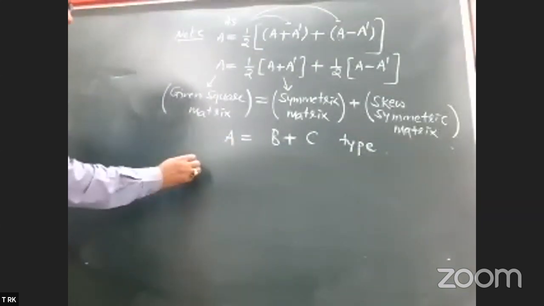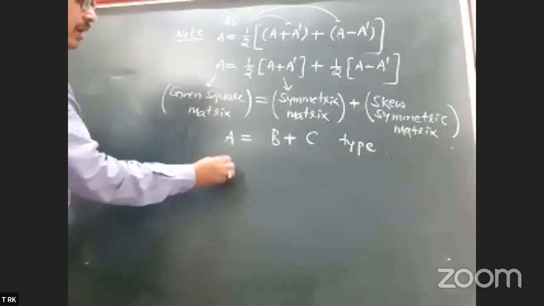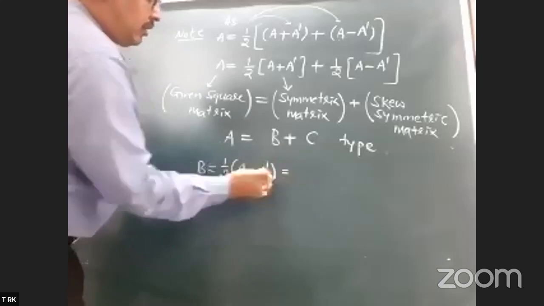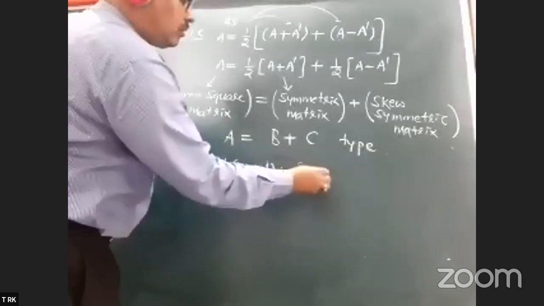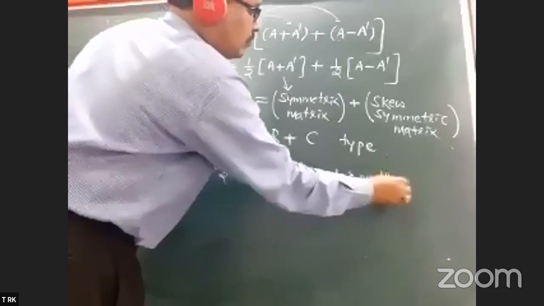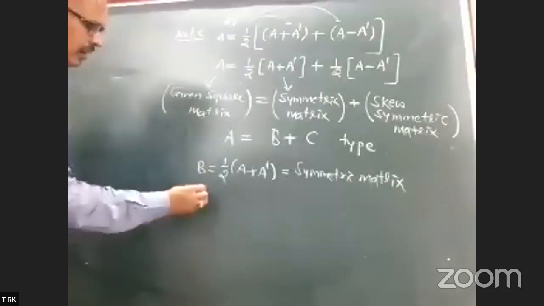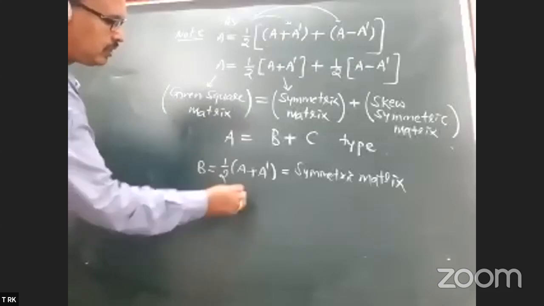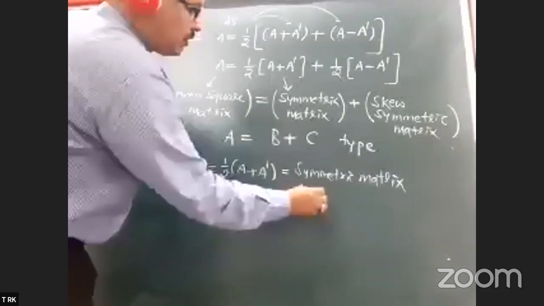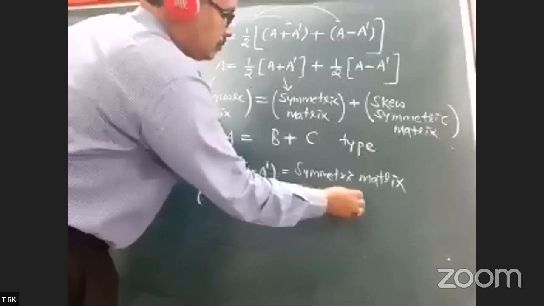B is half A plus A dash is symmetric one. And C is half A minus A dash, that is skew symmetric.